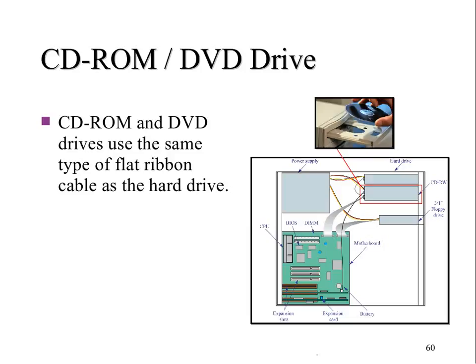The motherboard is the biggest part of your computer. That is a large printed circuit board, meaning it's a piece of fiberglass with wires made out of copper embedded in it, and it connects all of the parts, the major parts of your computer together. And it has on it a lot of integrated circuits or chips.